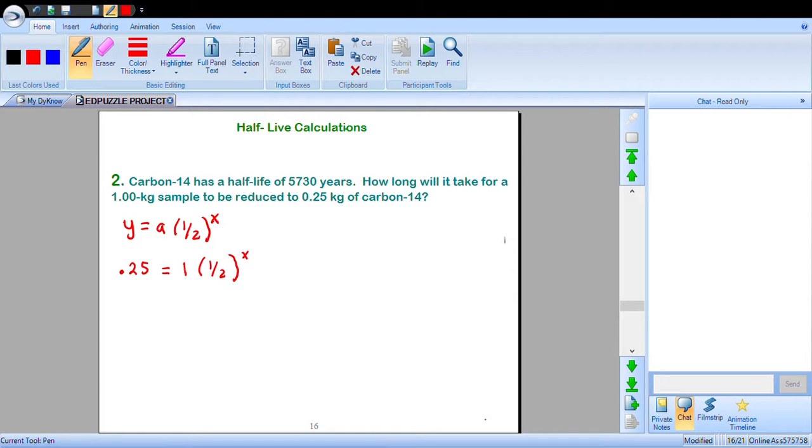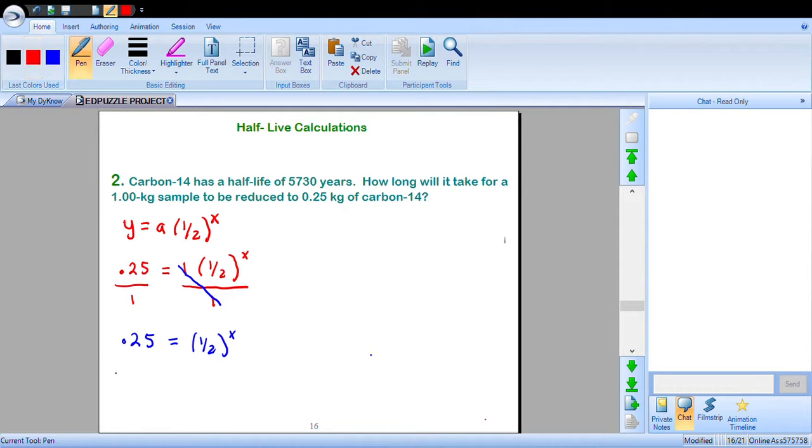To get x alone, we are going to first divide this entire equation by 1, so we can cancel out the 1's, and we are left with 0.25 equals 1/2 to the x. To bring this x down, we're going to take the natural log of this function.